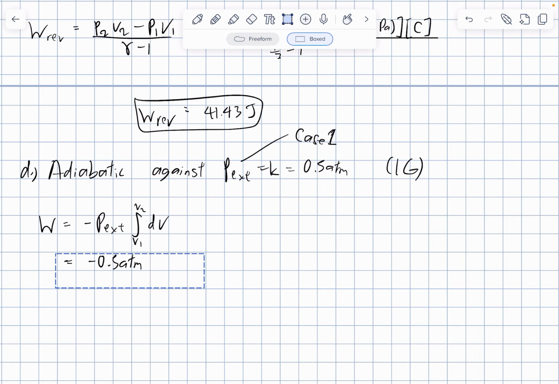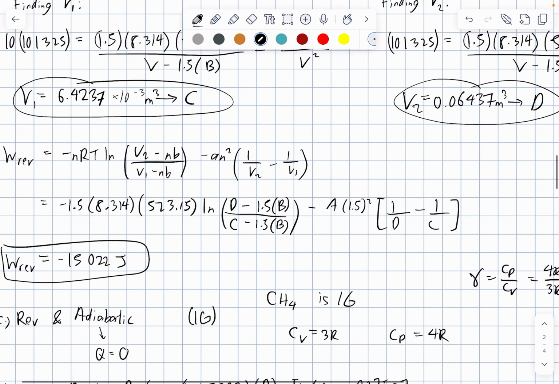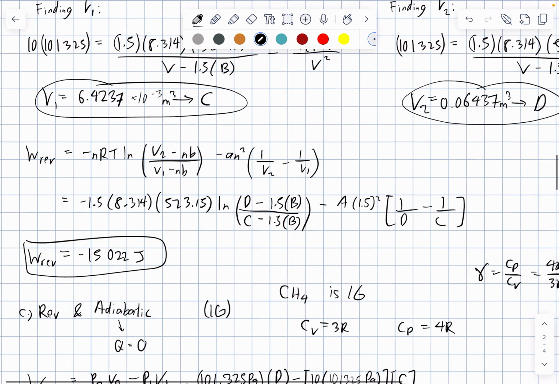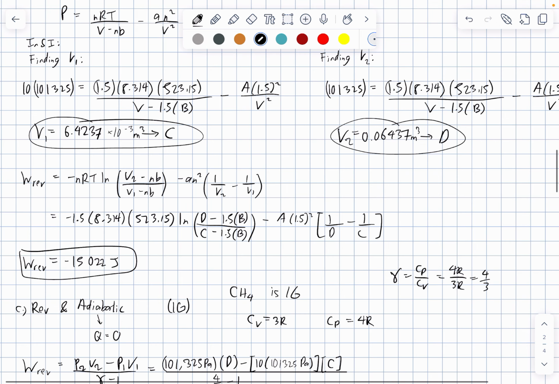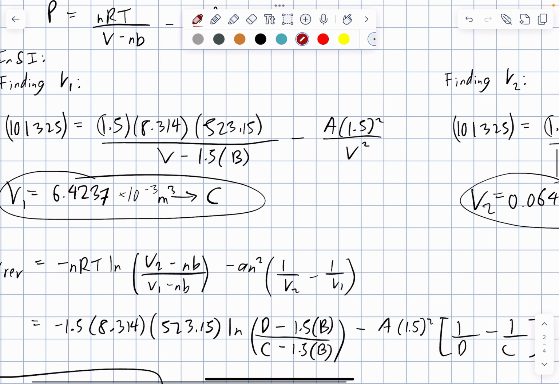Oh yeah, this is also the part where we use the volumes, no? The volumes that we found. Oh, okay. So, we're gonna make some tweaks. What I mean by that is, our V1 is in meter cube, no? C, meter cube.